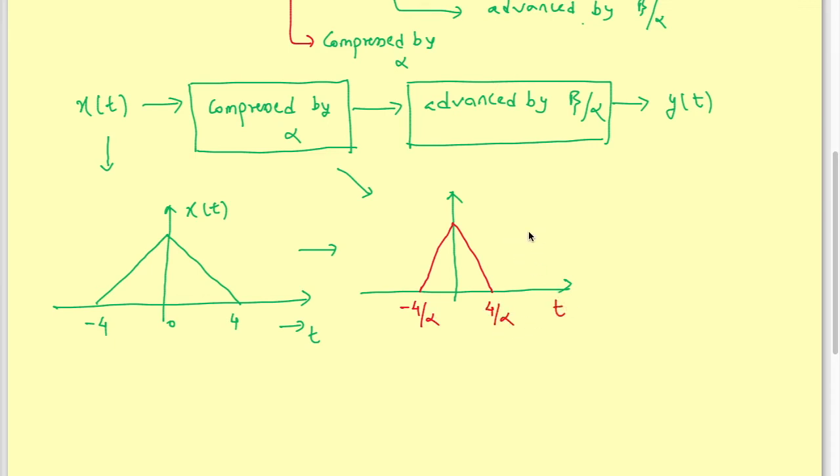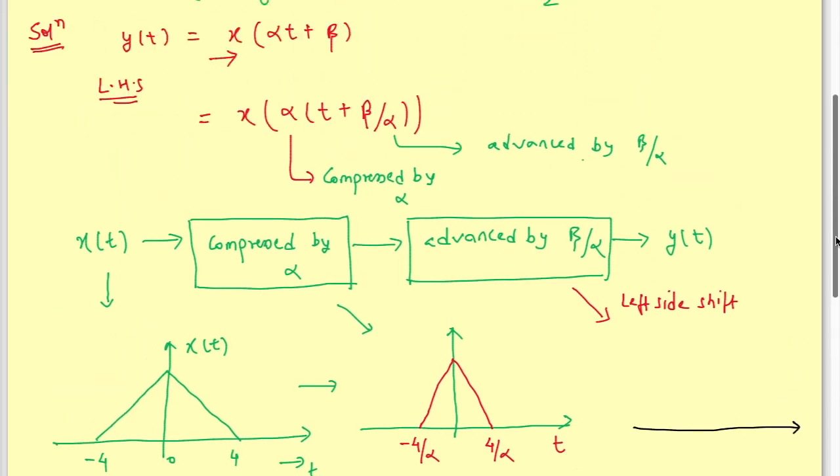This is t. This is some intermediate signal. Then I want to advance my signal by beta by alpha. Advancing the signal by beta by alpha means I have to shift to the left side. So it will look something like this: -4 by alpha minus beta by alpha and 4 by alpha minus beta by alpha.